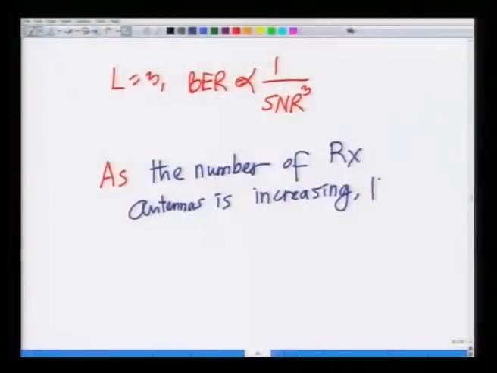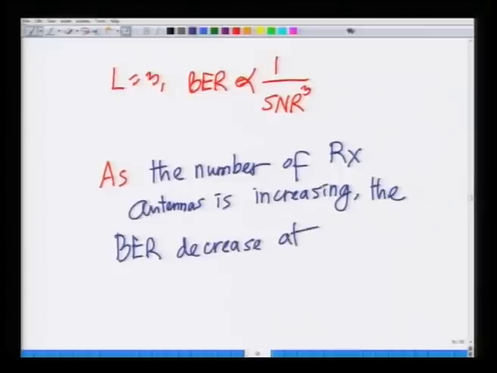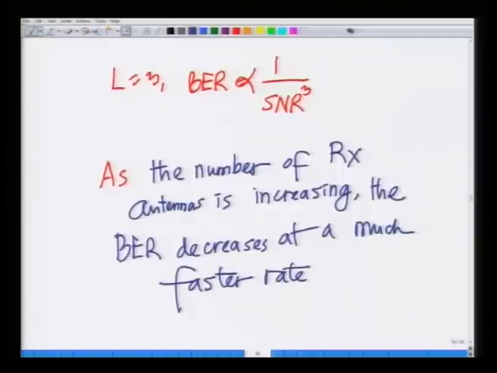As the number of receive antennas L is increasing, the bit error rate is 1 over SNR to the power of L. So, the exponent of 1 over SNR is increasing, hence the bit error rate is decreasing at a much faster rate. As the number of receive antennas is increasing, the bit error rate is decreasing at a much faster rate.